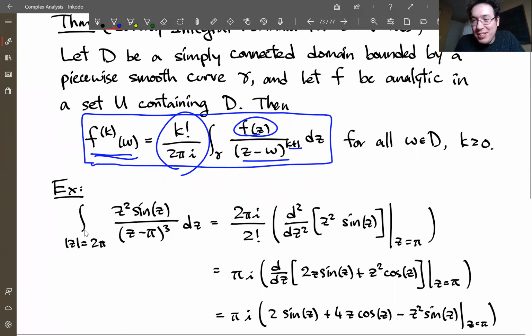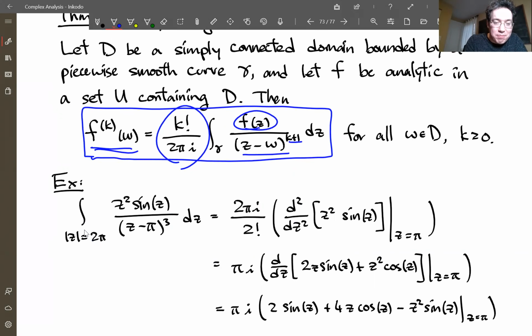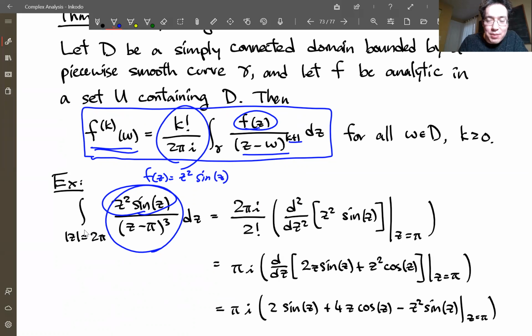Okay, so let's see this in action. So here's some formula, the integral of z squared times sine of z over z minus pi cubed. Okay, so I'm looking at this. I'm gonna take the numerator, z squared times sine of z, that's my f. My w is going to be pi.